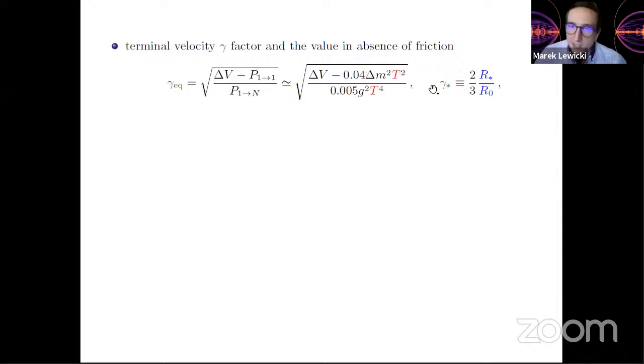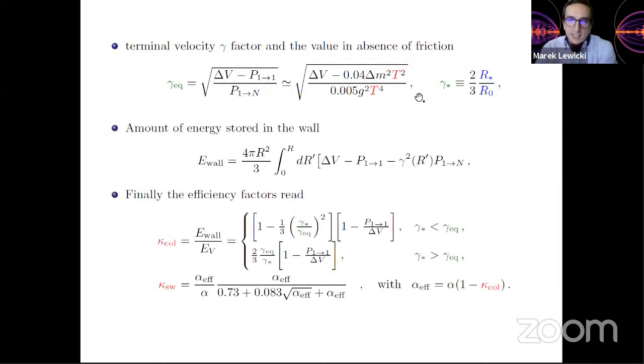Another gamma factor that is of importance to us is the size that the walls would reach by the time they collide if they hadn't stopped accelerating. It's given by a much simpler expression here. To calculate the total energy budget, we just compute the integral of this.